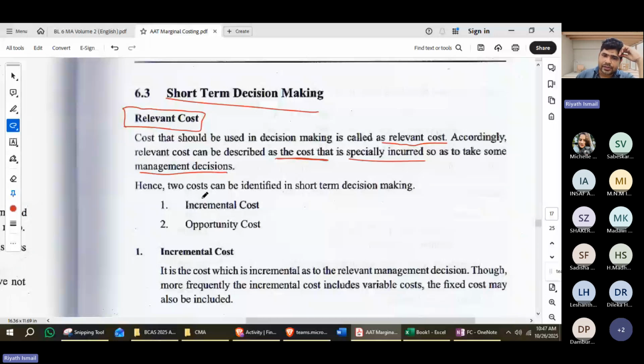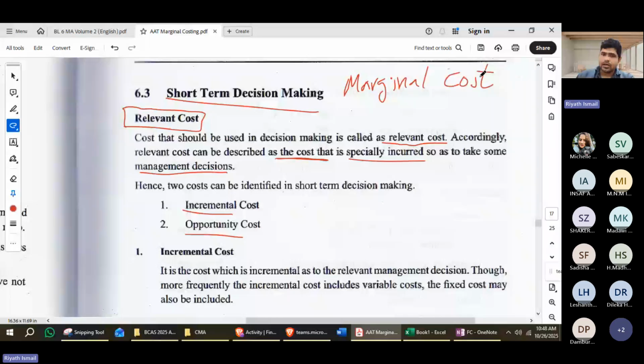Hence, two costs can be identified in short-term decision: incremental cost and opportunity cost. Incremental cost sometimes we call marginal cost.